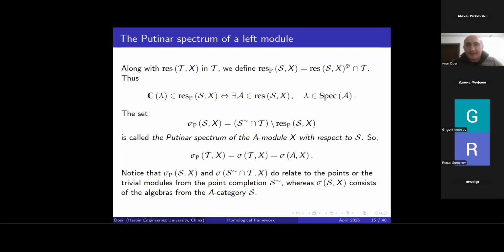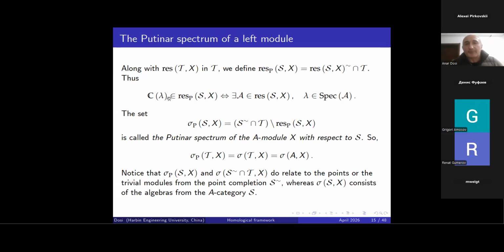I can take this resolvent set, we know what that is, take its completion, and look at all the trivial modules. Now we have a new set. So this set consists of only characters, trivial modules. So C lambda belongs to here. That means there is an algebra from my resolvent set such that lambda is a continuous character.